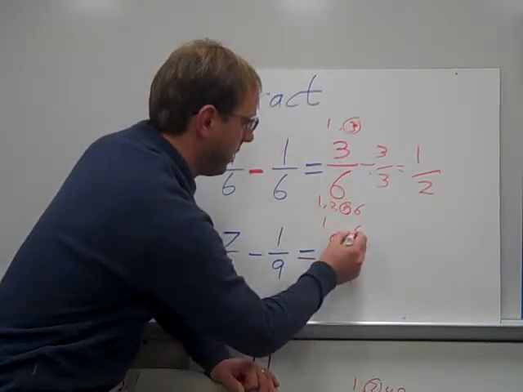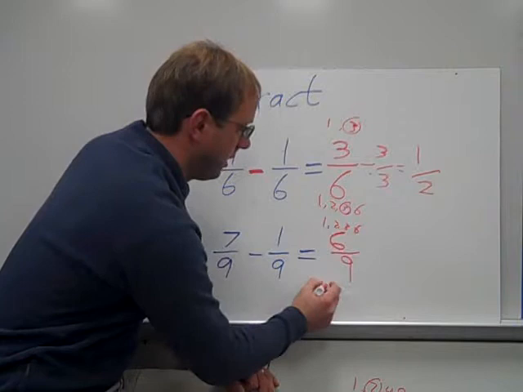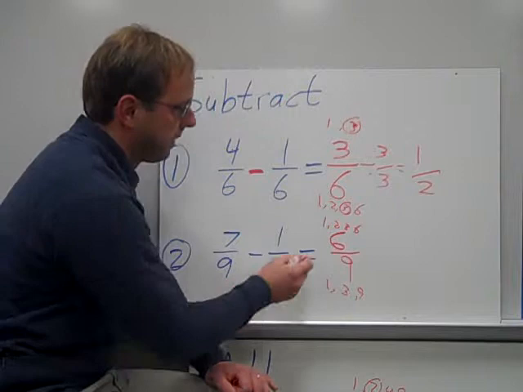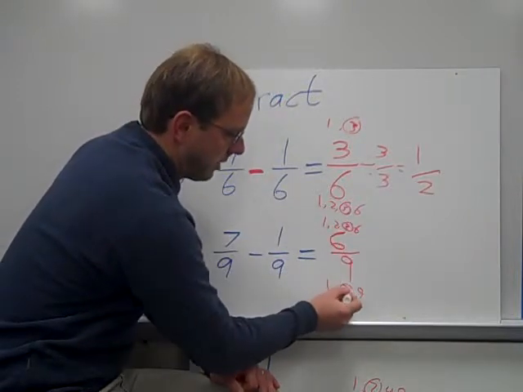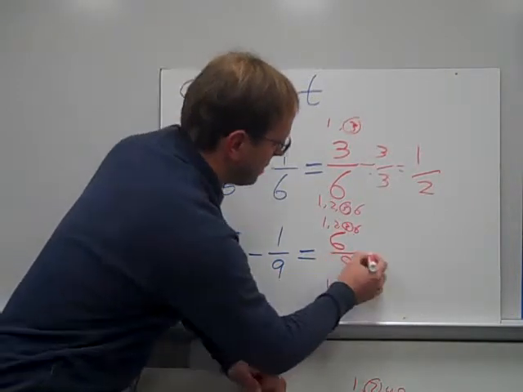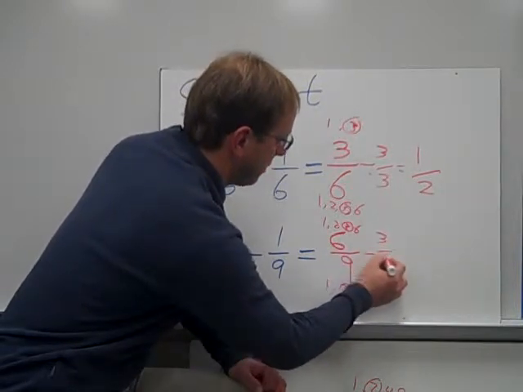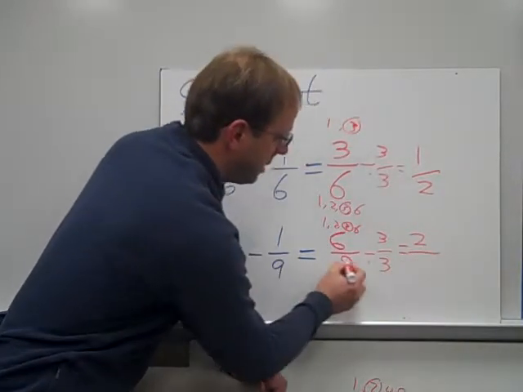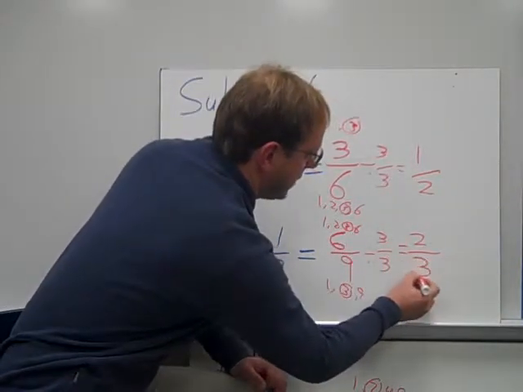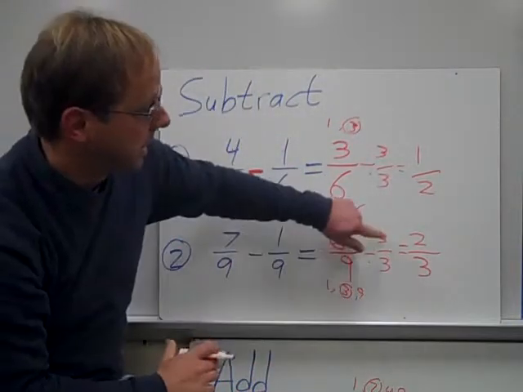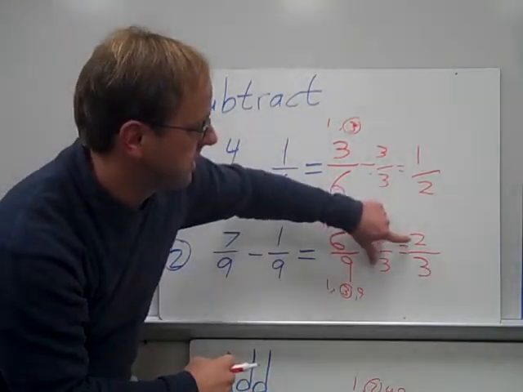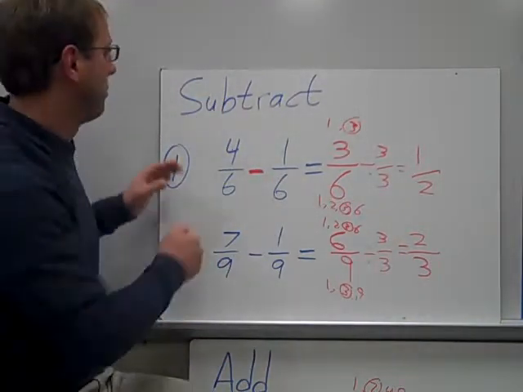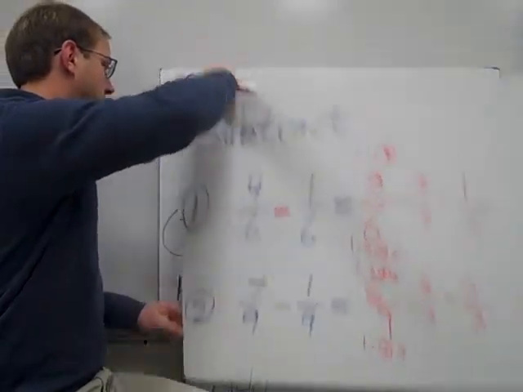I have 1 and 6, 2 and 3, 1 and 9, and I only have to write the 3 one time. 3 is my greatest common factor again, so divide by 3. 6 divided by 3 is 2. 9 divided by 3 is 3, and that's my final answer. Again, and I didn't actually plan this, my friends, but this is 1 less than my denominator, which always is simplest form.